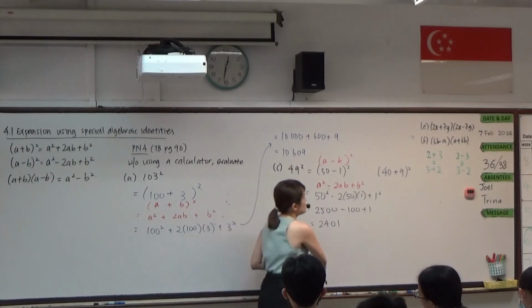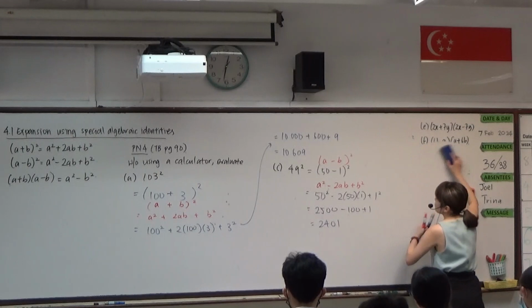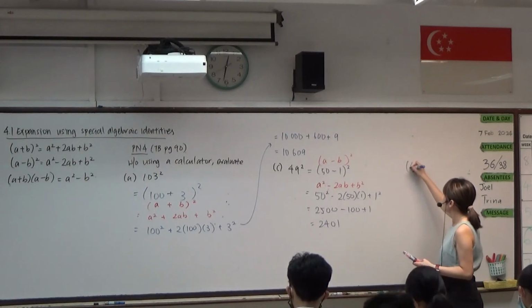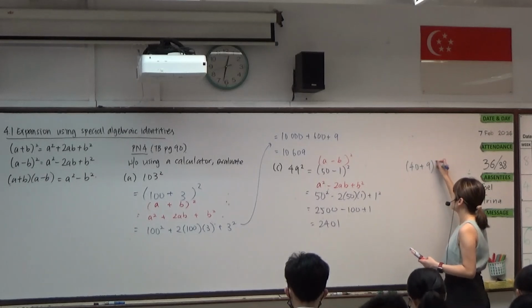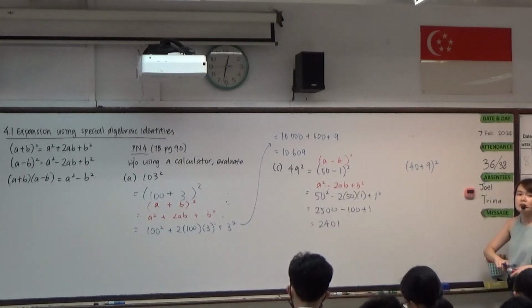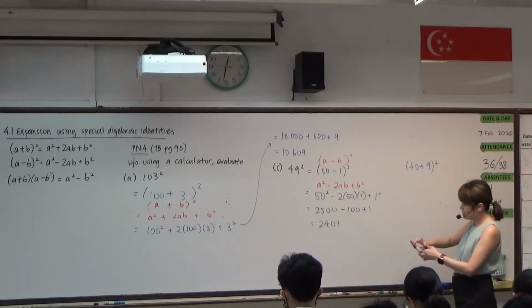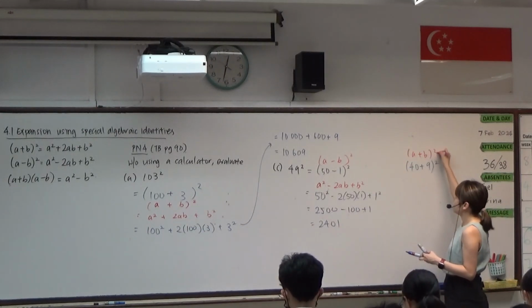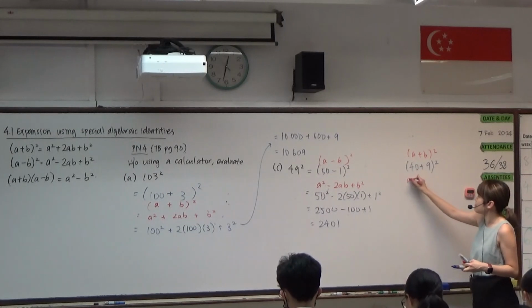Let's try out what Xavier suggested, 40 plus 9. Let's see whether it is easier or just as simple. If I do 40 plus 9, that means I apply my A plus B bracket square formula.